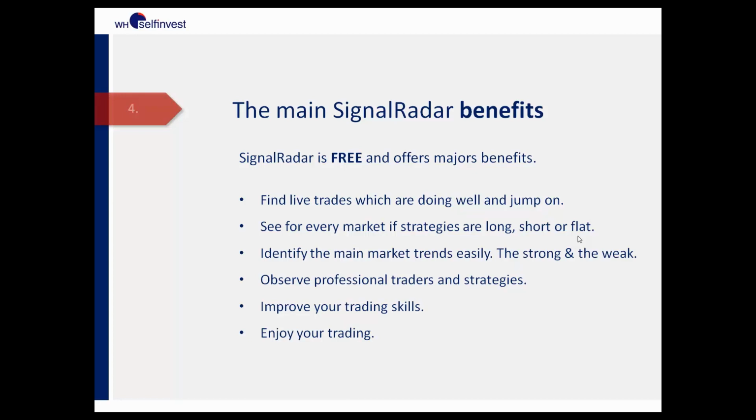So you can see what the strategies are doing, and keep in mind that when they are doing nothing, there's also a message in there for the user. You can identify the main market trends very easily. We've done it together by looking at these different instruments.